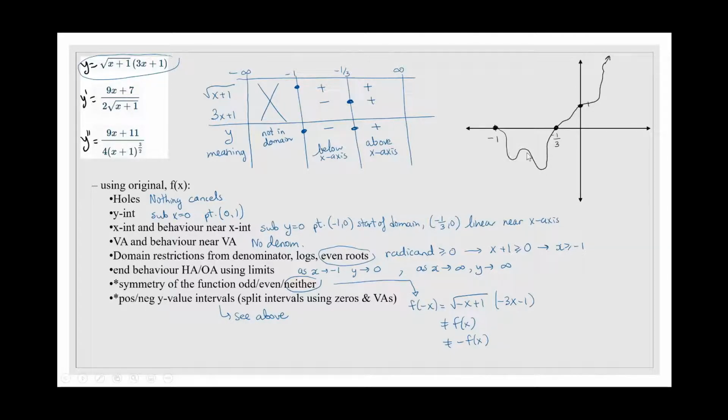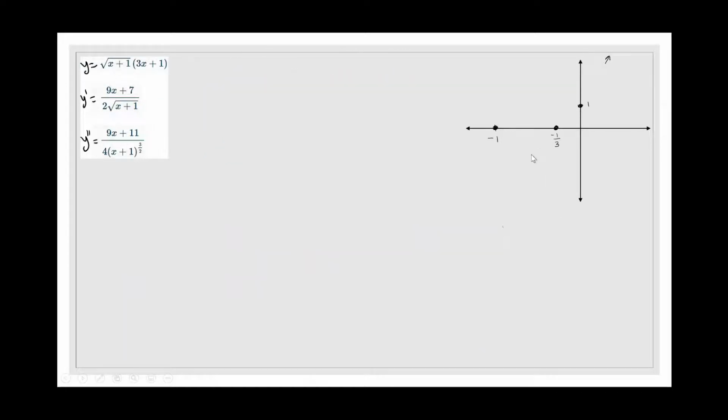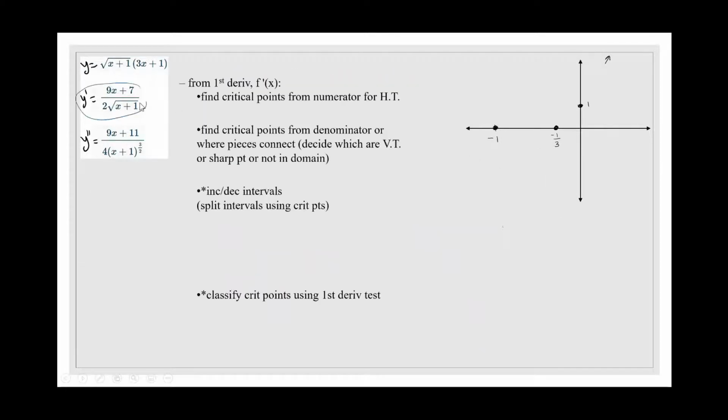So this is actually not how it's going to look, but so far from what we've shown, this is a possible graph that could match that. It is not correct because we have to continue on with the calculus topics which deal with the derivative. So I'm going to take that away because it's wrong. And let's continue on. If we have the first derivative, if it's not given to you, then you would find it.